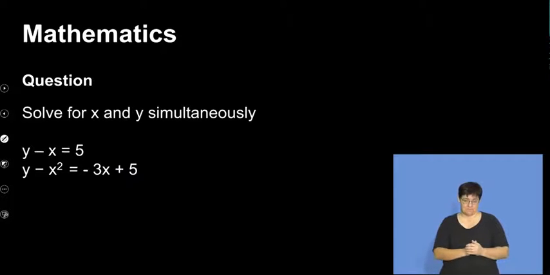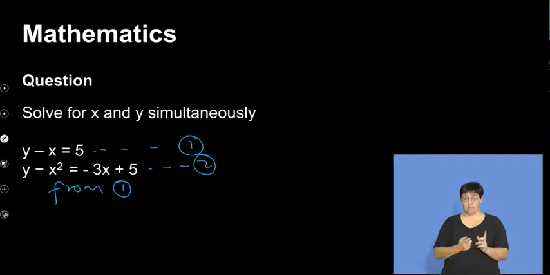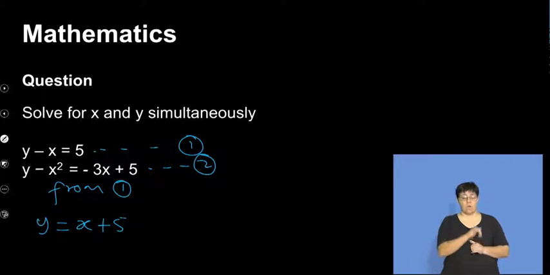Remember my steps, guys. Please remember them at all times. You always label them equation 1, equation 2. Then you will say from equation 1, I create equation 3, which will be y equals x plus 5. And I will label this equation number 3.